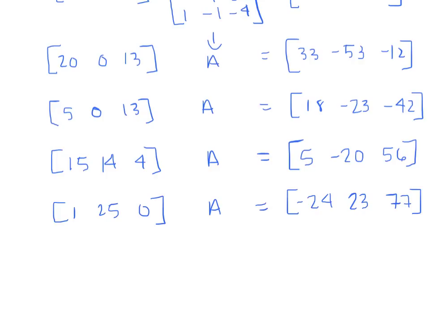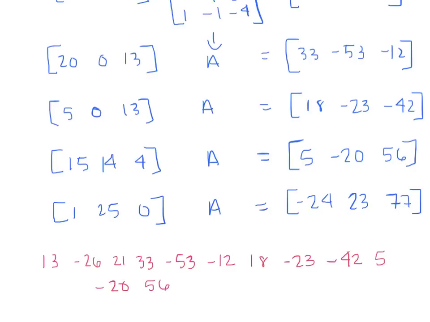So now, what would happen is I want to keep all of these 1 by 3 matrices in order, and if I put them all side by side and I remove their brackets, I end up with 13, -26, 21, 33, -53, -12, 18, -23, -42, 5, -20, 56, -24, 23, and 77.